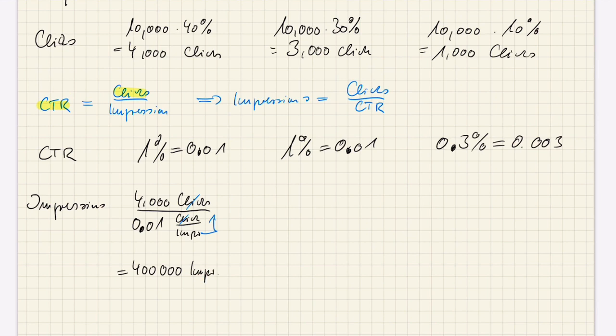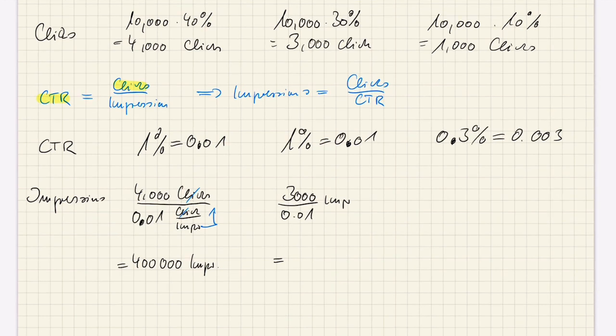Impressions. Same type of calculation we can do in here. I leave away 0.01 impressions. I do this calculation directly, and again I enter the numbers into my table calculator, and this is 300,000 impressions.